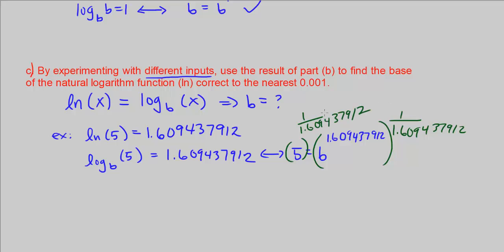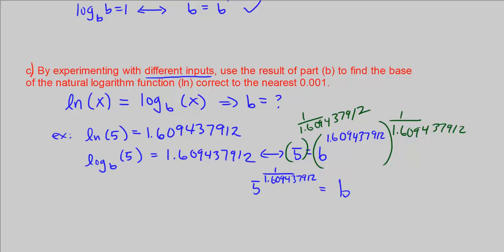Then these cancel out on the right side. So you're left with b on the right is equal to 5 to the power of 1 over 1.609437912. It might seem silly not to round this, but you want to get very good accuracy, so you don't want to round.